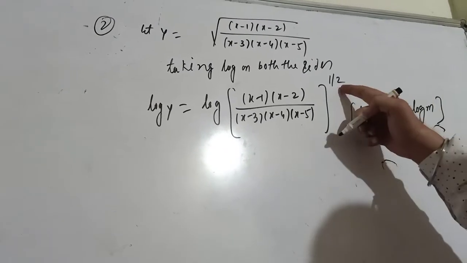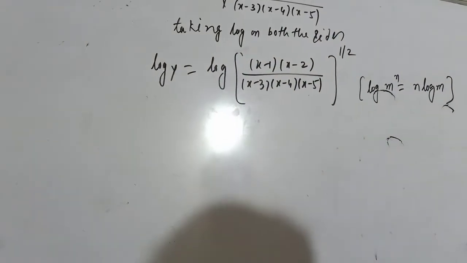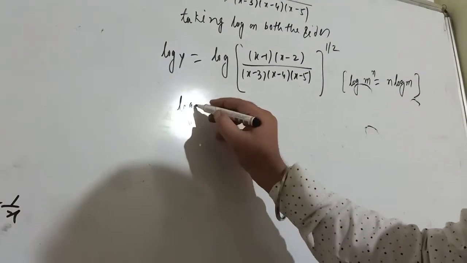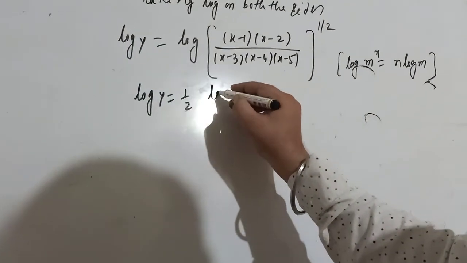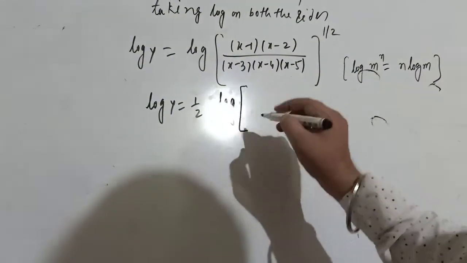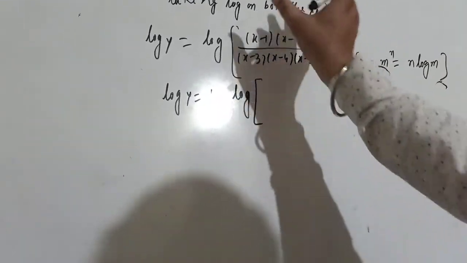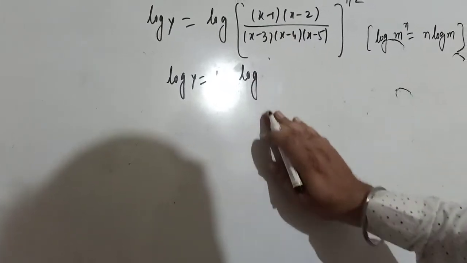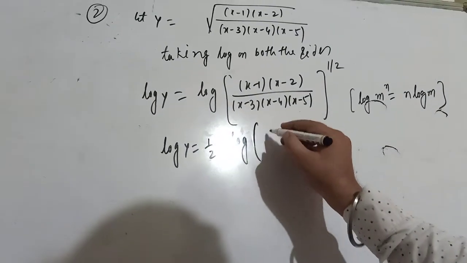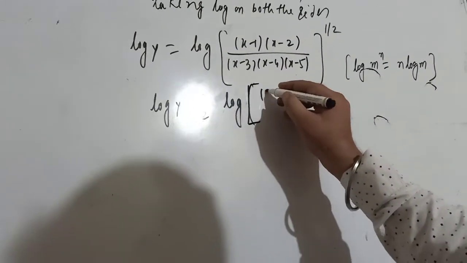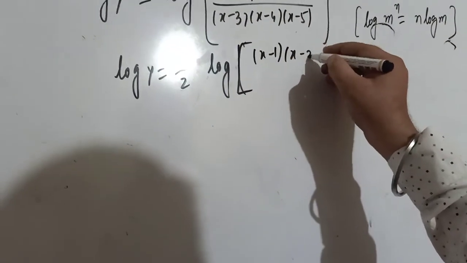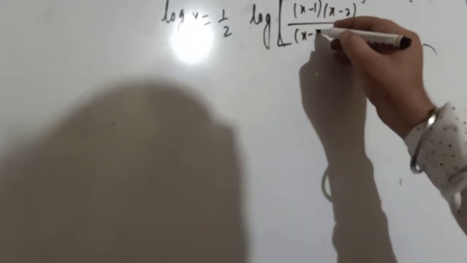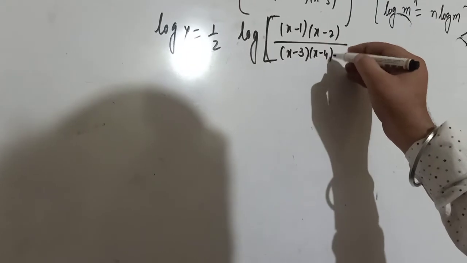So this 1 by 2 will come here. So log y equals 1 by 2 log, and we can use the property for m by n, which is log m minus log n.